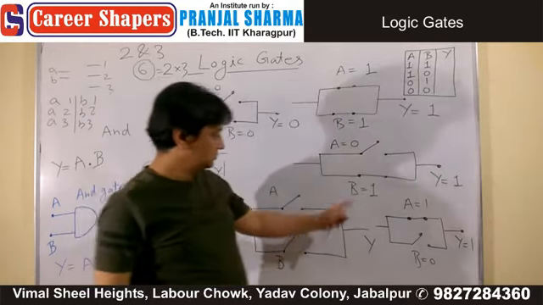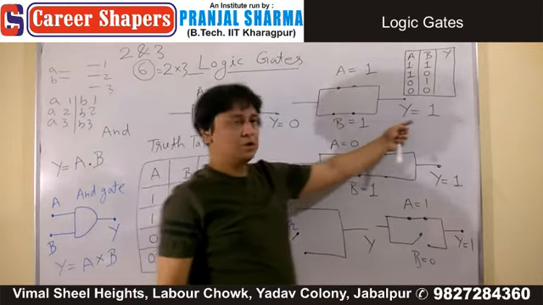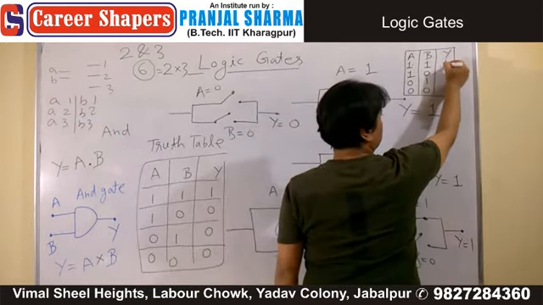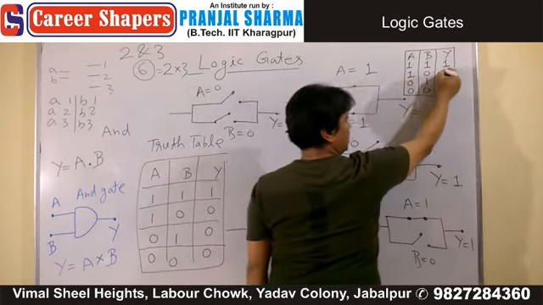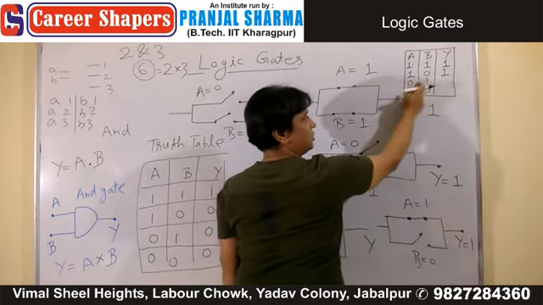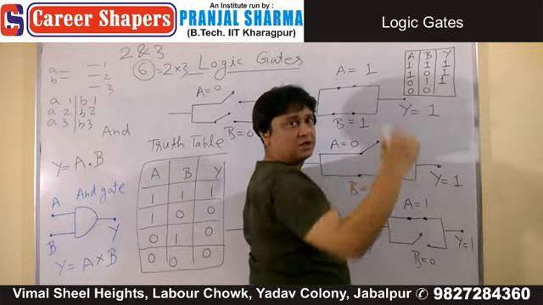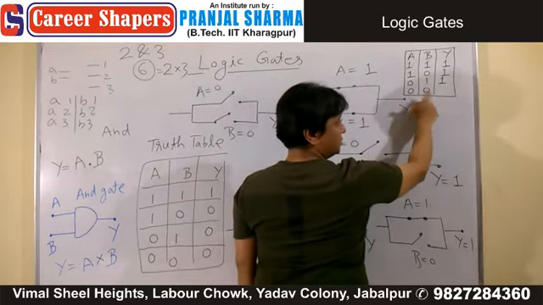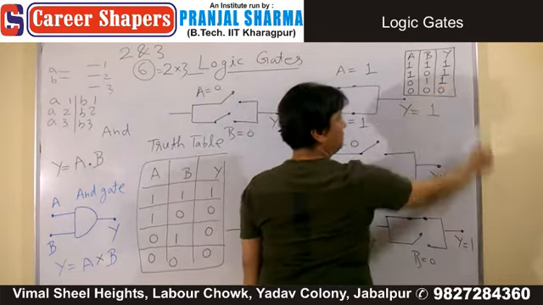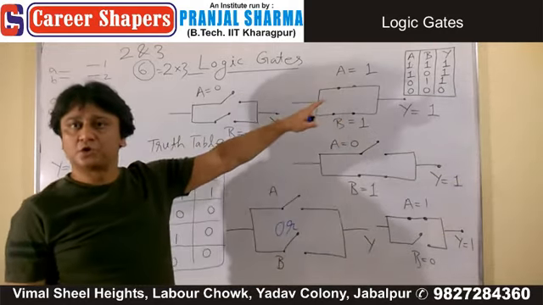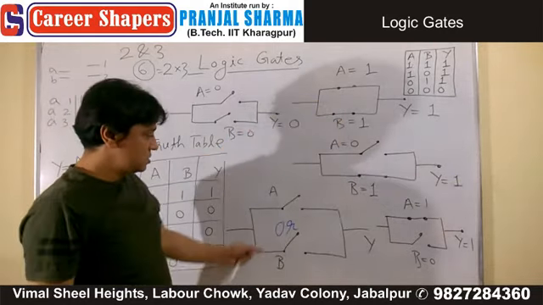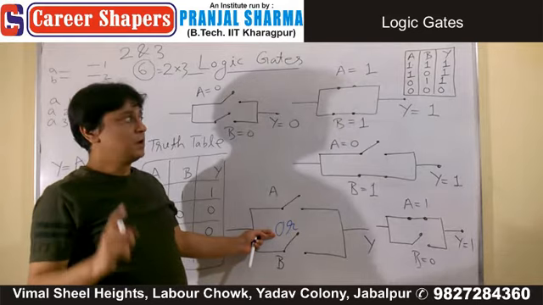When it is 1, 1, you got a current. 1, 0, yes, still you got a current. 0, 1, you still got a current. This or this, it's your wish. 0, 0, no. This is the truth table for OR gate.